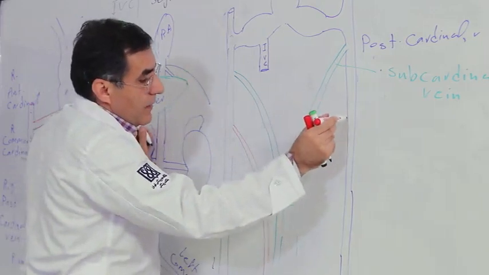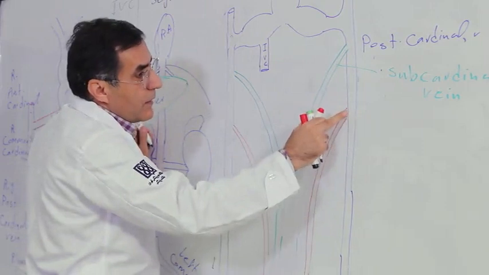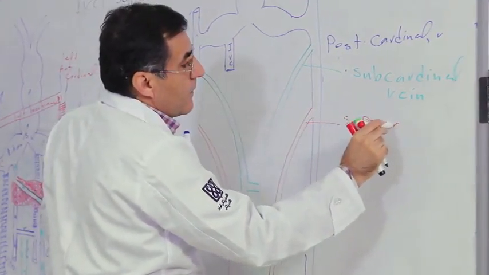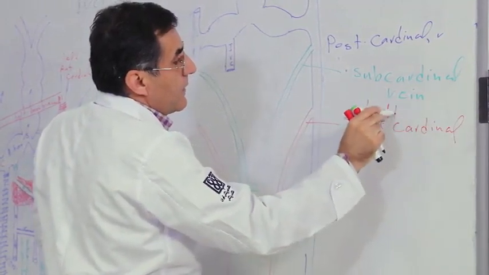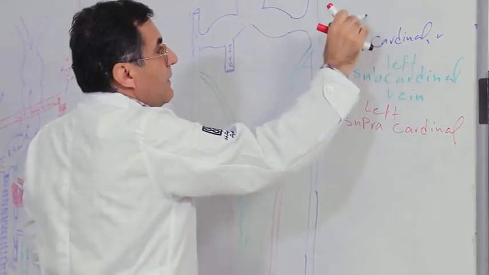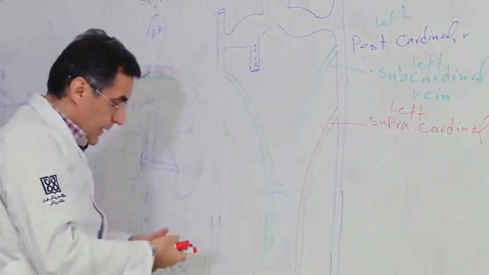The new veins formed here are named the supracardinal veins. This one is left, this one is left. We have asymmetry, and at the same time the right.